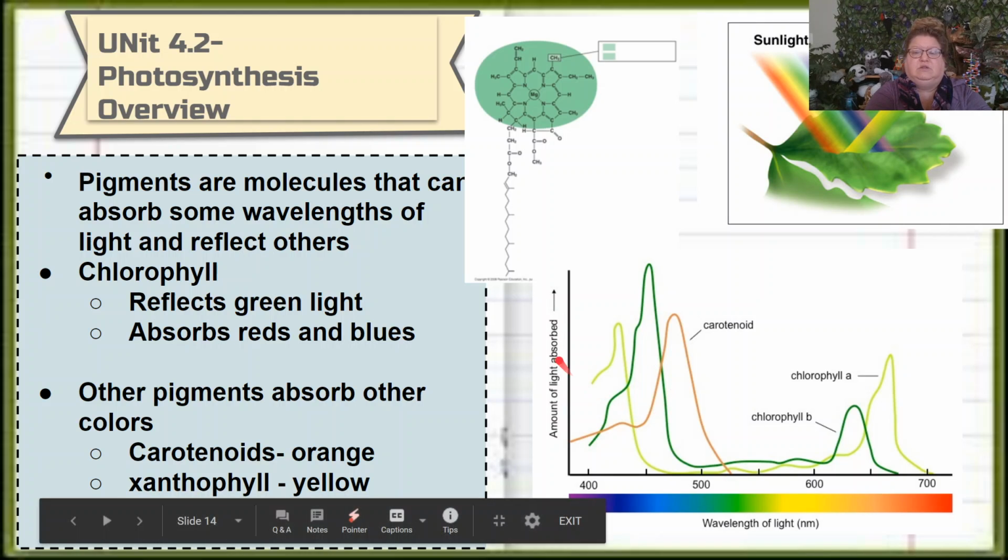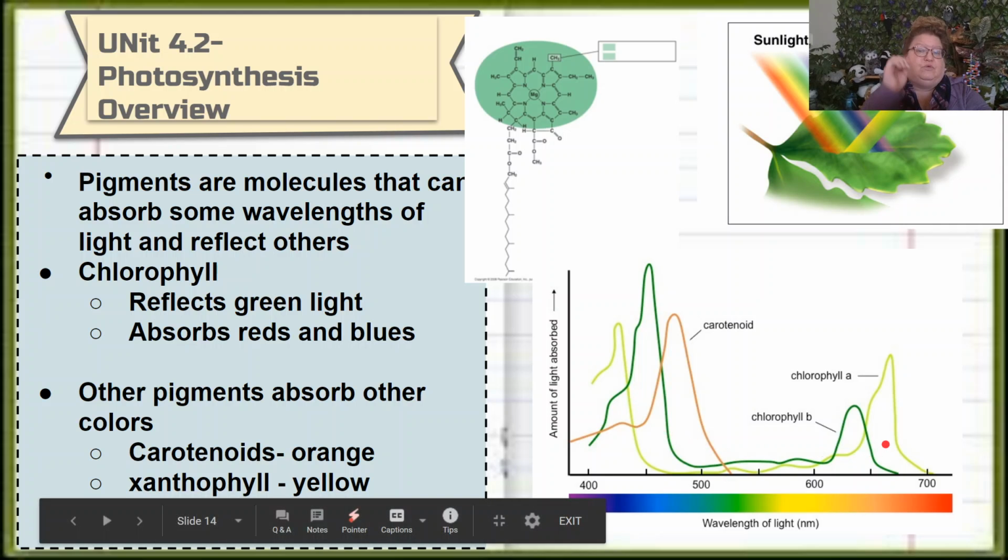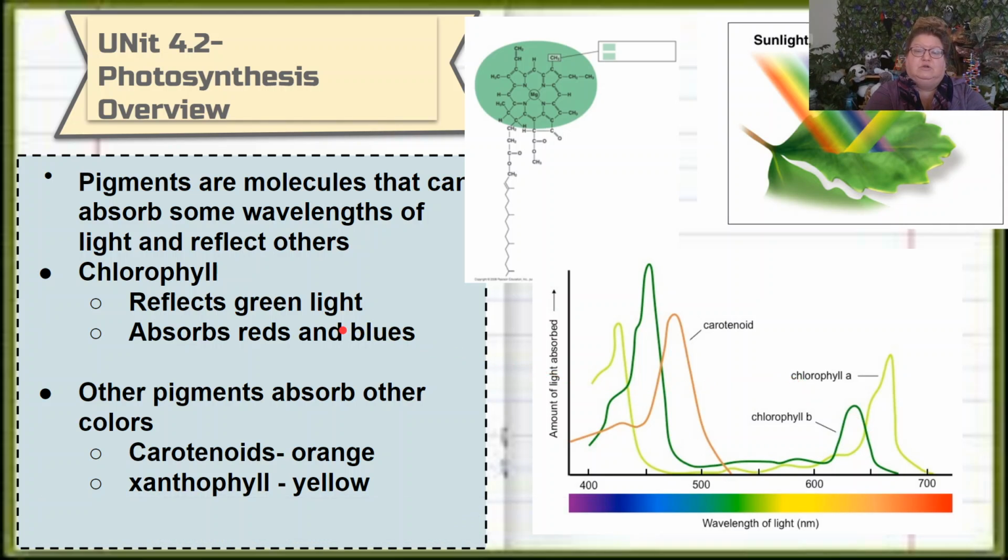And so if we take a look at the green pigments, chlorophyll A and B, chlorophyll A and B absorb the blue wavelengths of light the most, and then the red. And so we can conclude that chlorophyll reflects green light but absorbs red and blue.